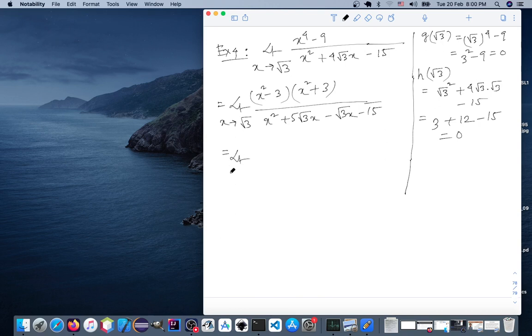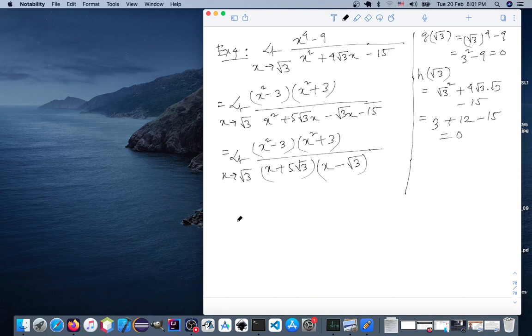This becomes limit x tending to root 3, x square minus 3 into x square plus 3, and doing the factorization, we get x plus 5 root 3 multiplied by x minus root 3.